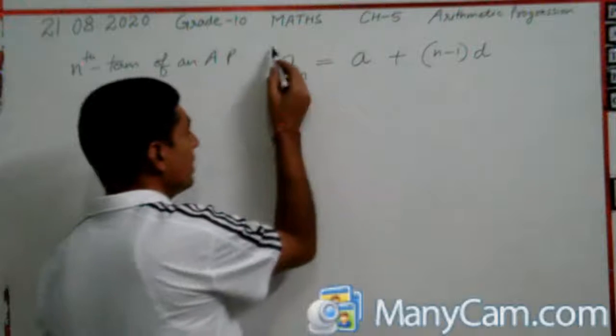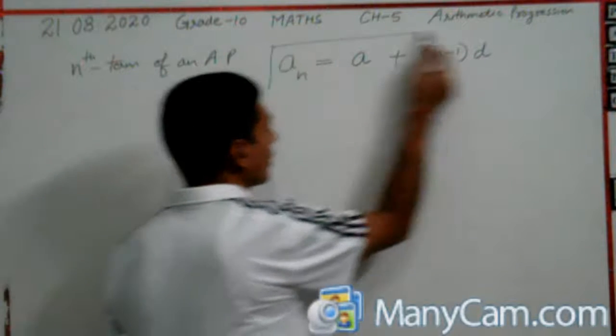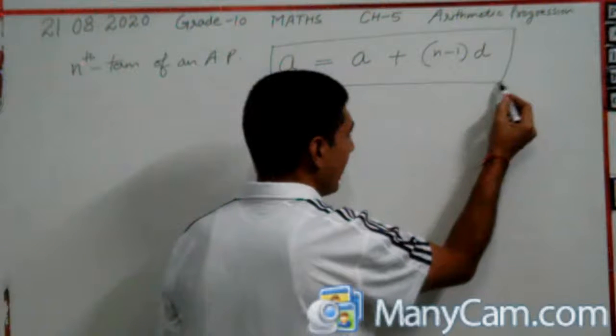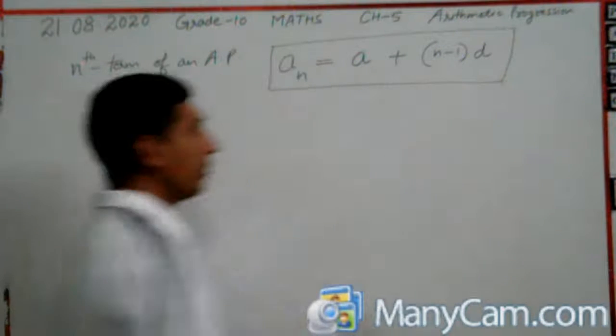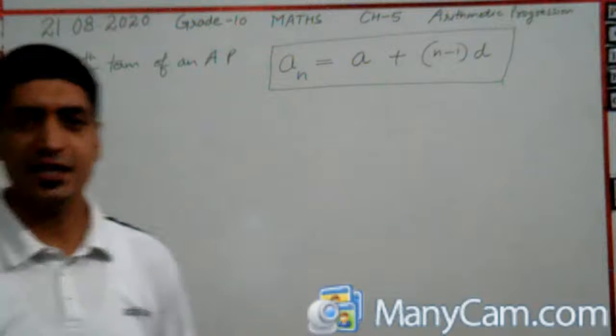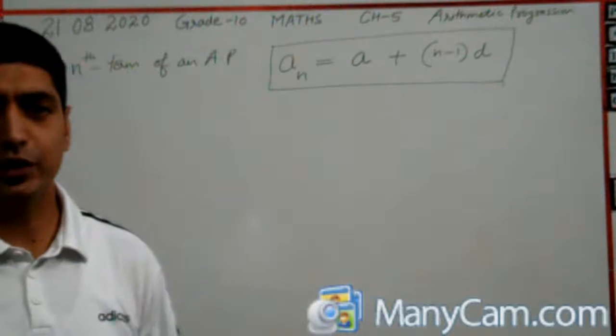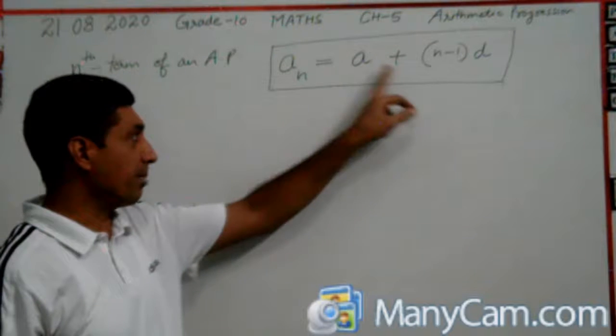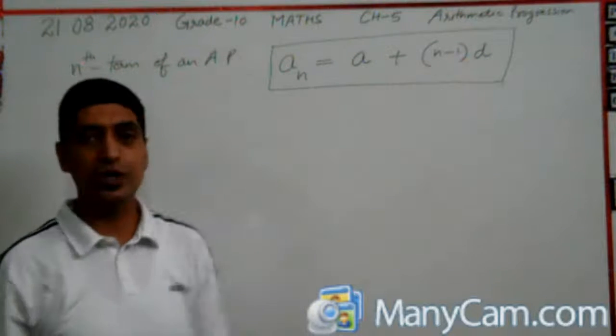This is the formula for the nth term of an AP, and this is the only formula for the whole exercise 5.2. The nth term of an AP is equal to a plus (n minus 1) into d.